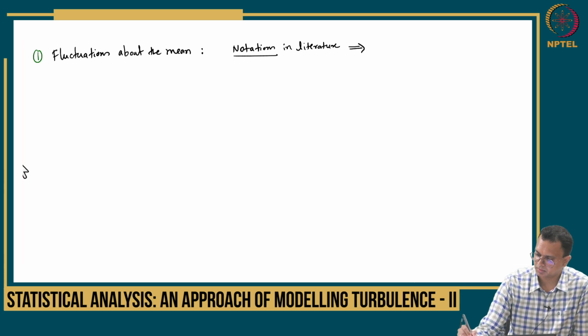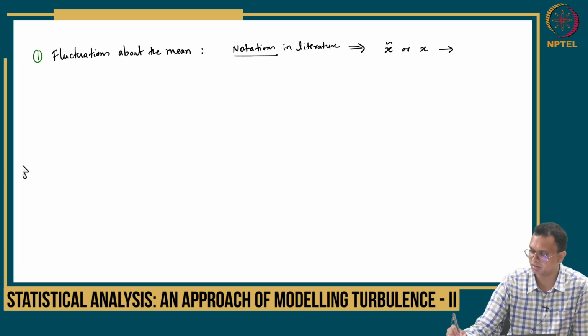You can usually see, let's say there is a random parameter, could be velocity, temperature, whatever, or pressure. Sometimes you will see a tilde on this, x tilde, or x itself. These are two popular notations in textbooks.